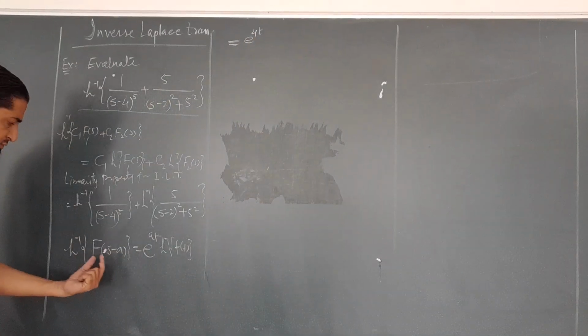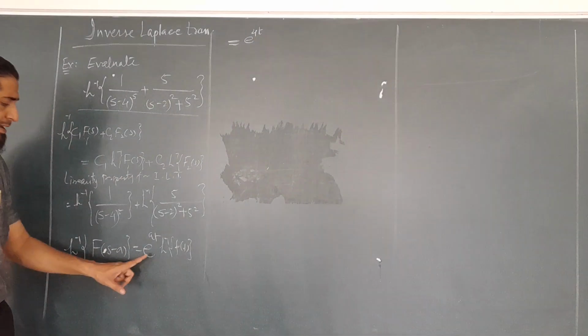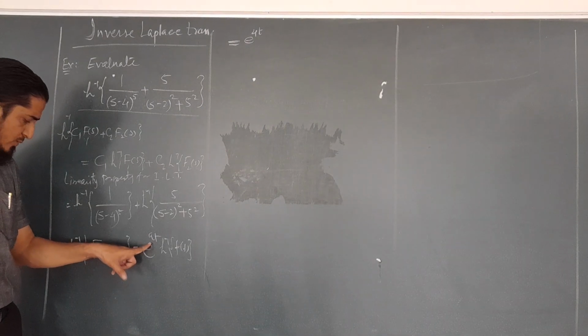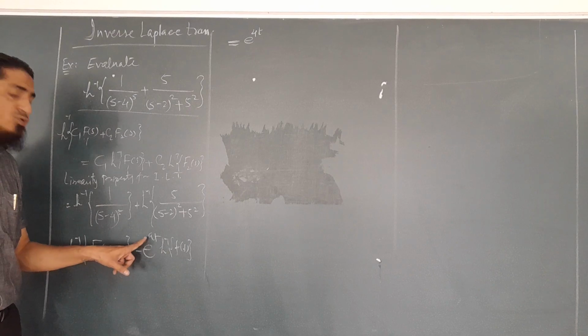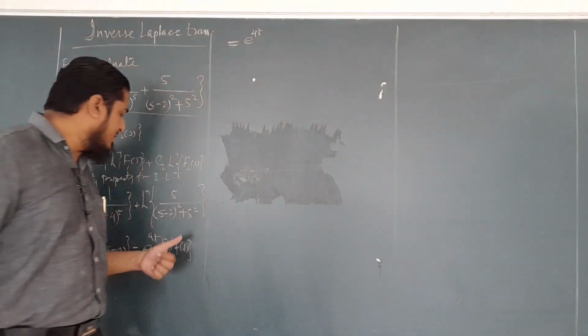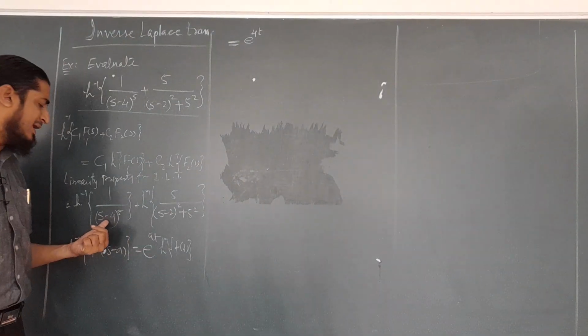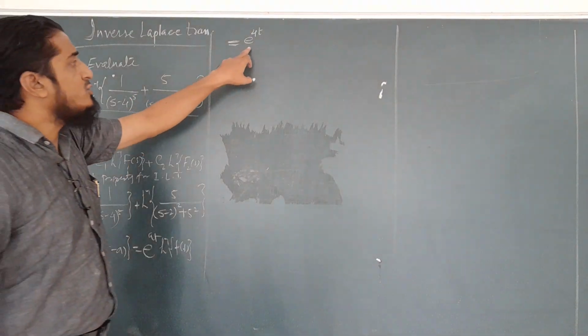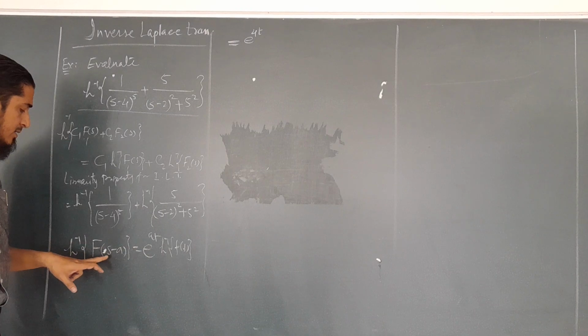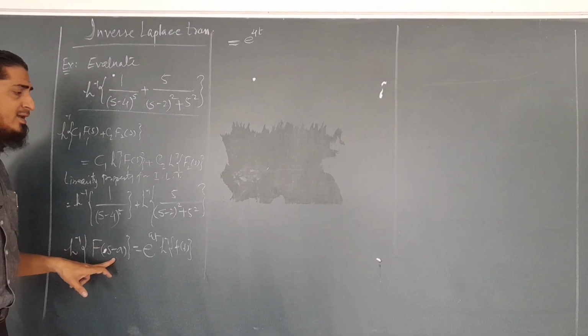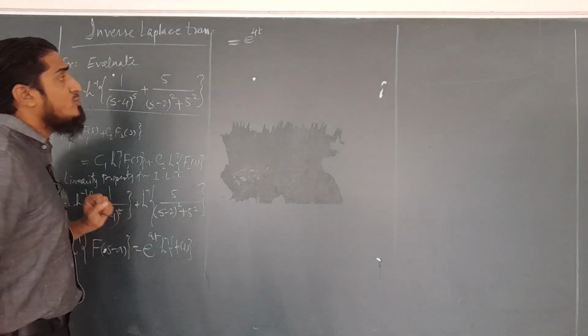If we have s minus a, we get e raised to positive at, and when we have s plus a, we get e raised to minus at. So remember, whenever we have a minus sign we get e raised to positive, and whenever we have s plus a, we get e raised to minus.